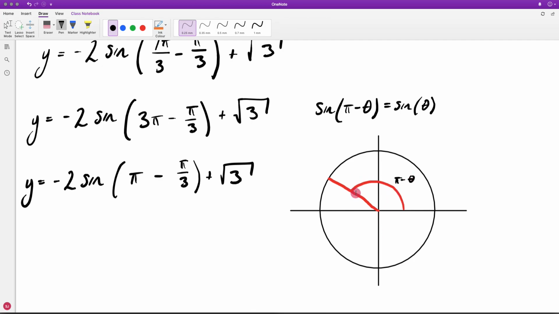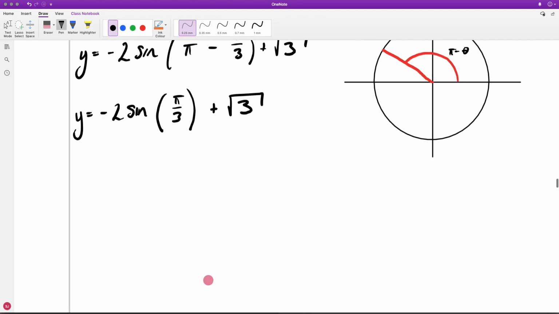And in my second quadrant, sine is positive because sine is like my y value, and obviously my y value is positive in my first and second quadrant. So that means, based on this rule right here, I can rewrite this as y equals -2 of sine, and what this is going to be is pi over 3. So really, it's just that angle there, that theta angle. Then that's going to be plus the square root of 3.